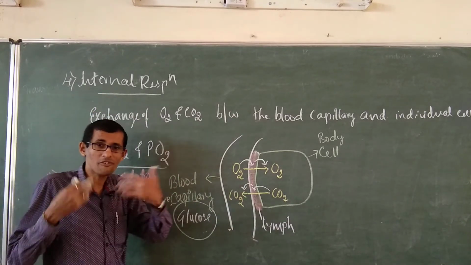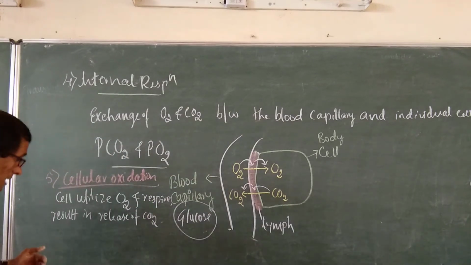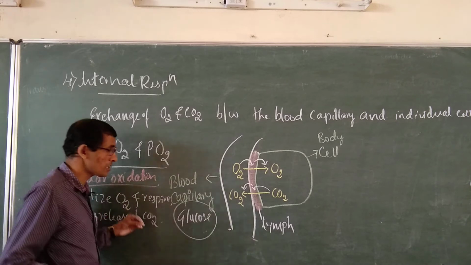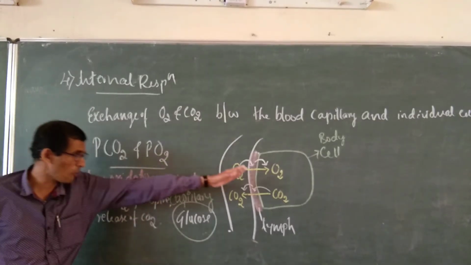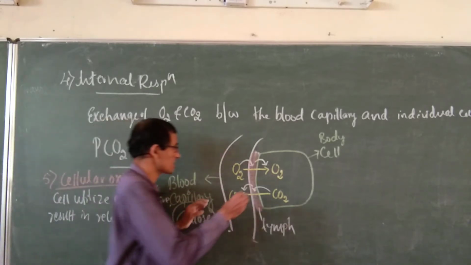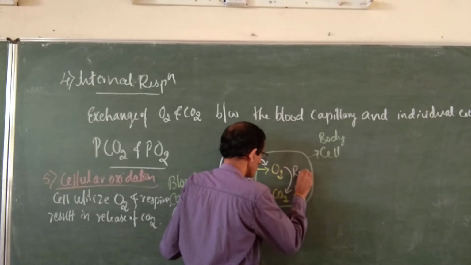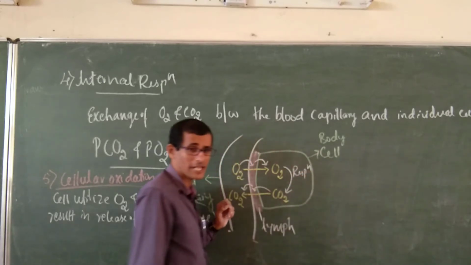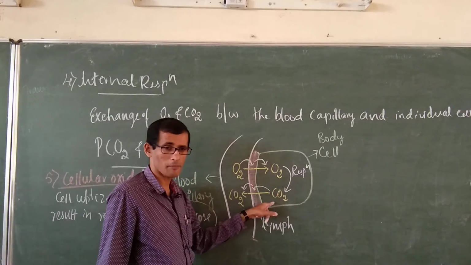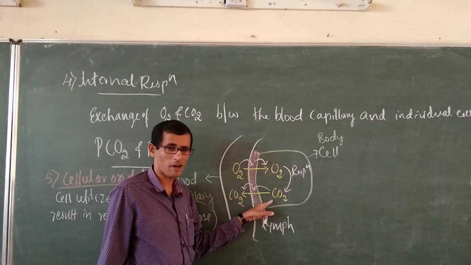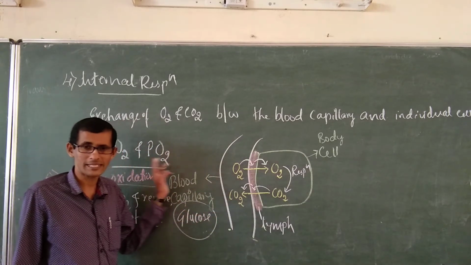So, release of energy from glucose requires oxygen, and oxygen is going to be delivered through this respiration, and the cell is with oxygen and cellular oxidation is going to occur. So, here respiration will be there, and that respiration is called cellular oxidation, resulting in the release of carbon dioxide, and the released carbon dioxide is taken back from the cell into the blood capillary and later to the lungs.